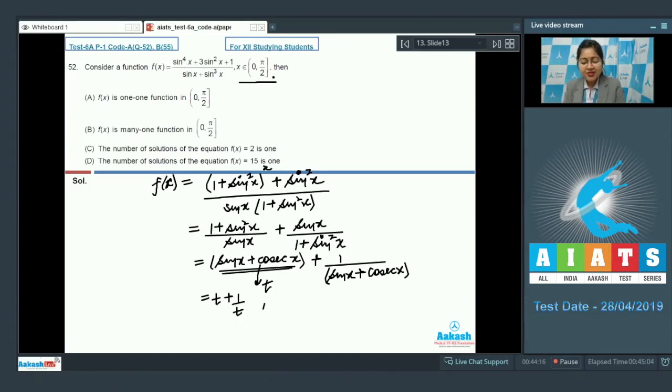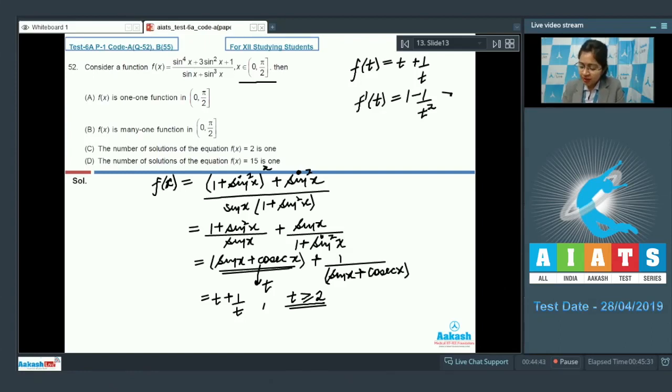Now as it is given that x is going from 0 to pi by 2, which means that the quantities are positive, so we will say that t is greater than or equal to 2. Now let us assume a function f(t) equal to t plus 1 by t. Let's differentiate it. So we will get f'(t) equal to 1 minus 1 by t square. So let us check where the function is increasing and where it is decreasing.